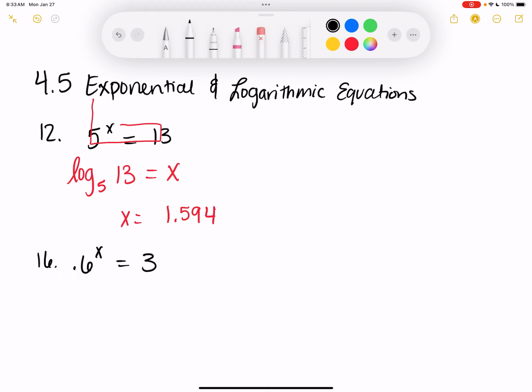But for us to do it, the exponential part has to be on the left, or drawing the L doesn't work. So it has to be set up to look like this, of whatever the number is raised to the power is equal to something else. Otherwise, it won't work. So I come down here, so it'll be a log base 0.6 of 3 equals x.